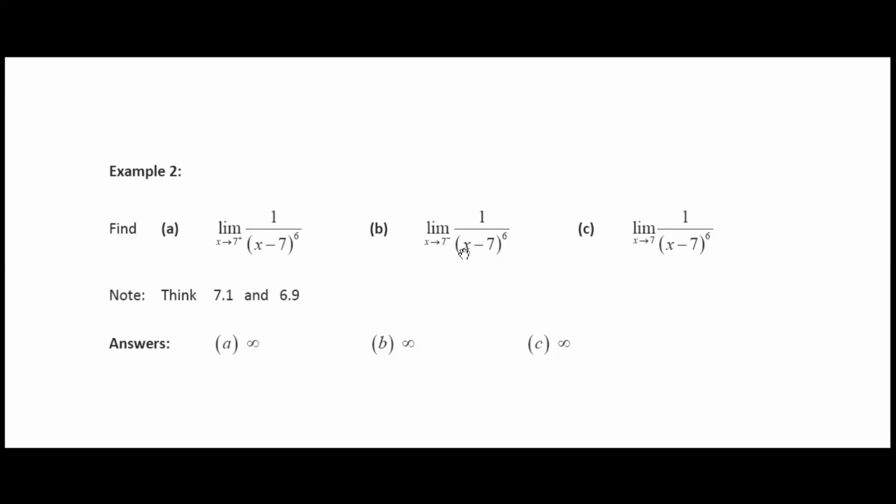Now, when we put in 6.9, 6.9 minus 7 is going to give us negative 0.1, but negative 0.1 raised to the 6th power, remember, we said earlier, a negative raised to an even power is going to be positive. So this will be a very small number close to 0 that's positive. And we divide it into 1, so we're going to get positive divided by positive. Again, we get infinity. And since both of these are infinity, the limit this time, since they're the same, is infinity.